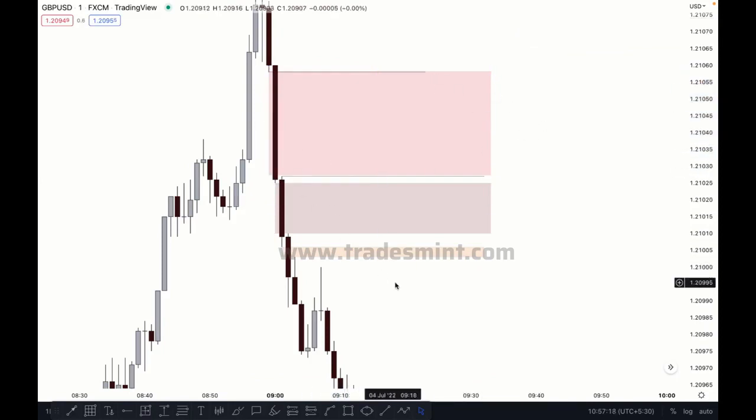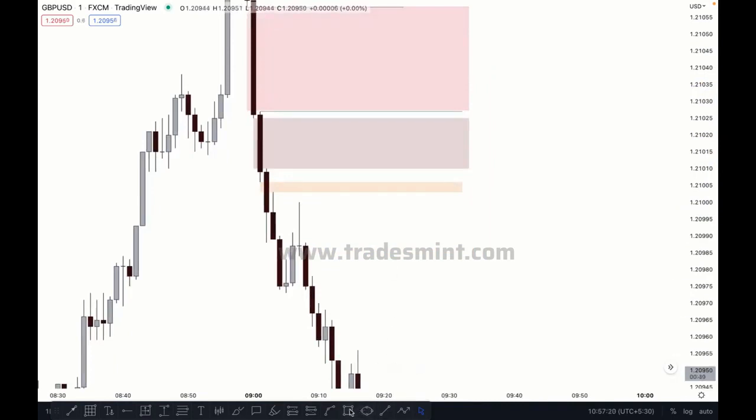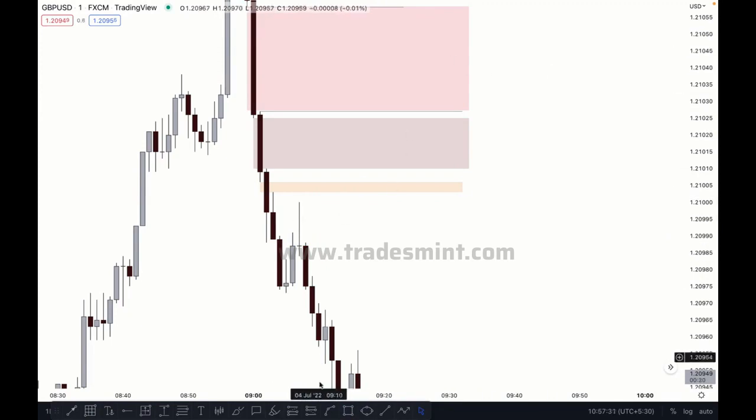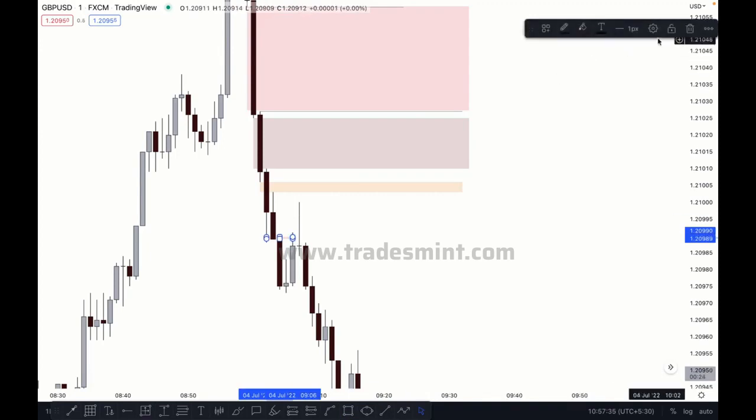So these are imbalances. If you notice here on the next candlestick, the high is here and low is here, so this is already mitigated, so there is no imbalance between this high and low, right?